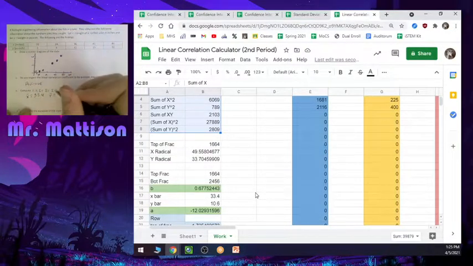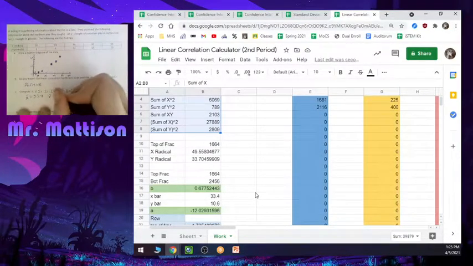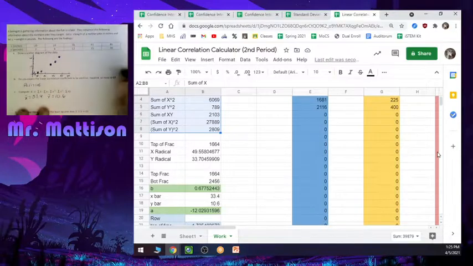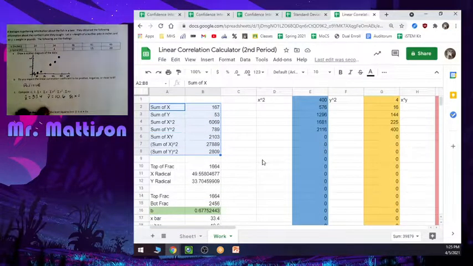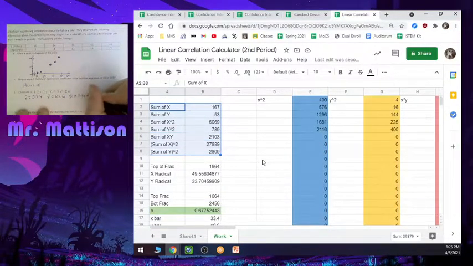Y bar ends up being 10.6. My sum of x from up here is 167. My sum of y ends up being 53.